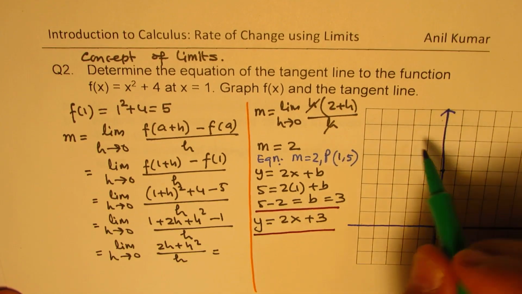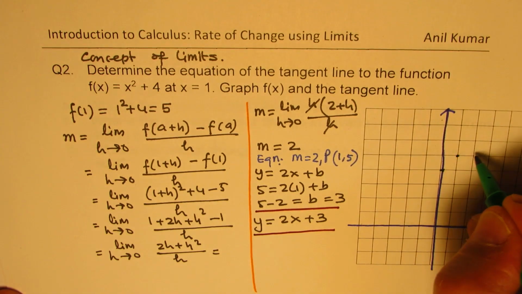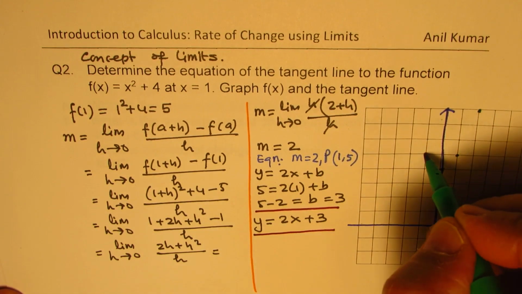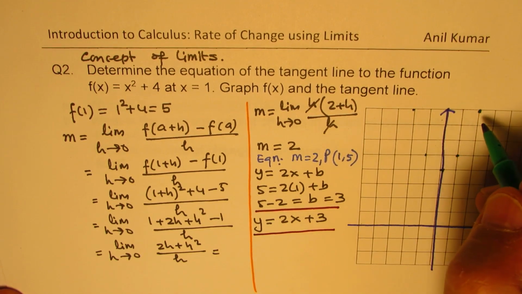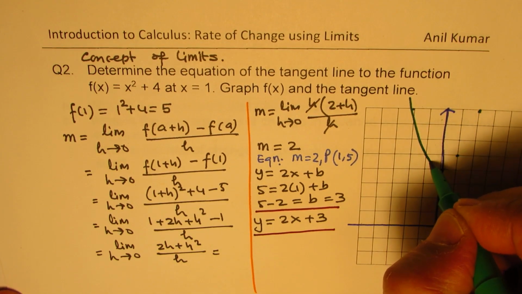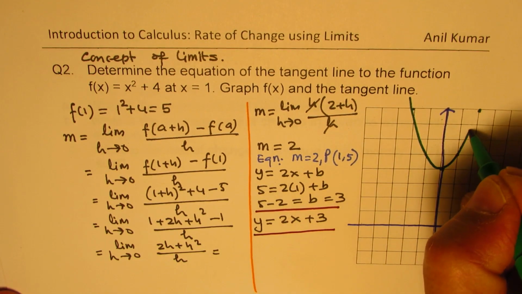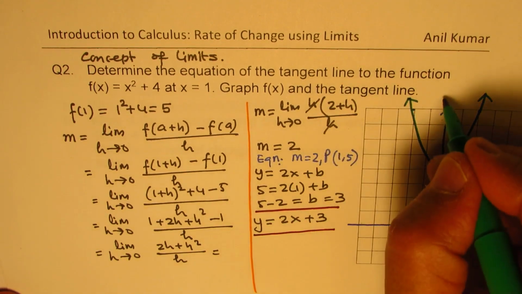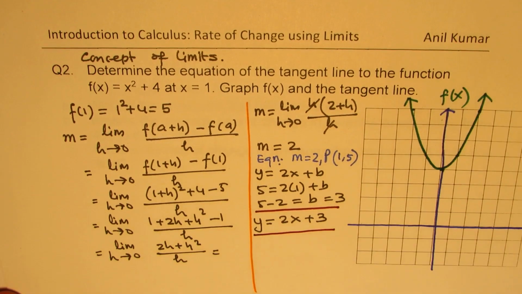And it goes by 1 and then 3, 5, 7 steps, correct? I hope you understand this process. So we have this parabola. Let me join this using a curve. That is the parabola which represents the function f of x, correct?